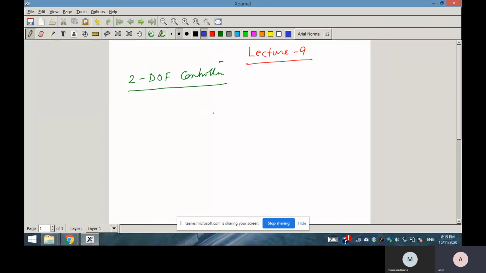So this is the block diagram of a 2 degree of freedom controller.